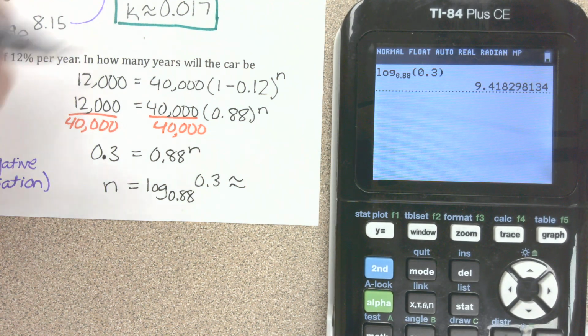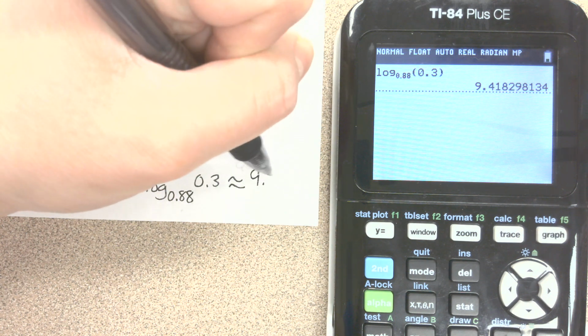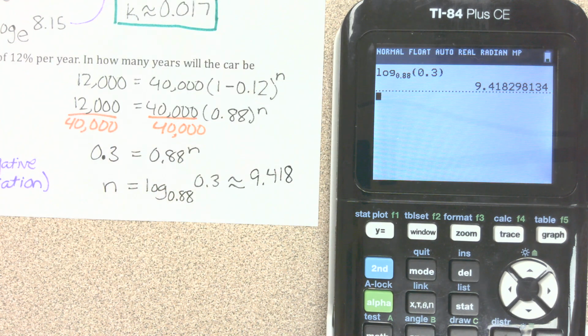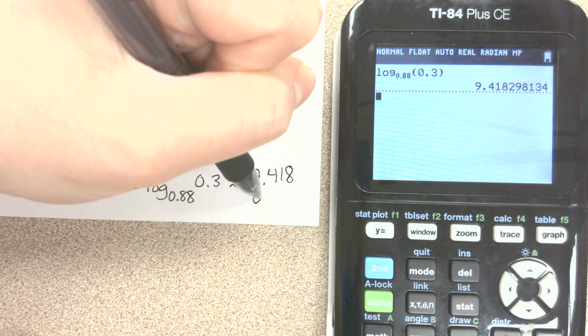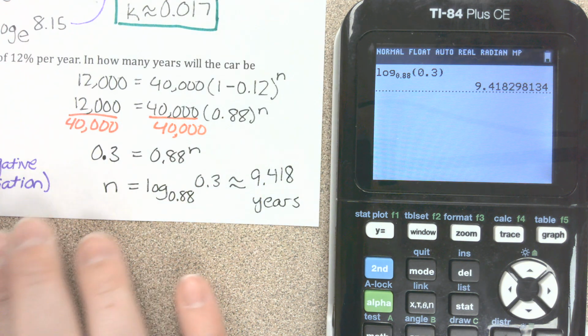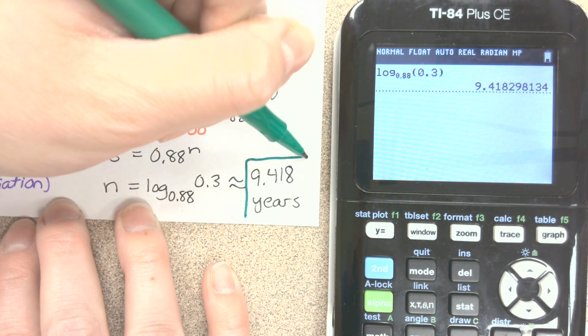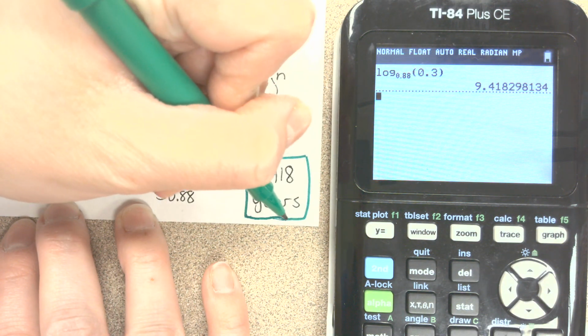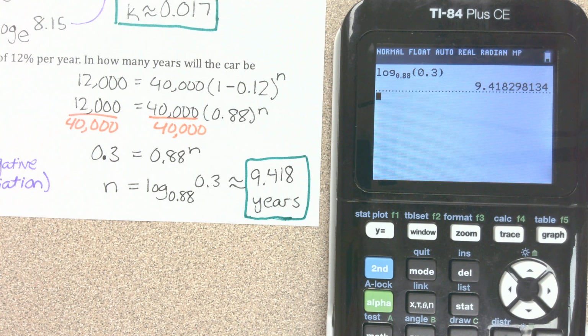Three decimal places puts us at 9.418. And if it has a label, make sure you include that. So it's in years. That is all. Any questions over the third problem or any of the others?